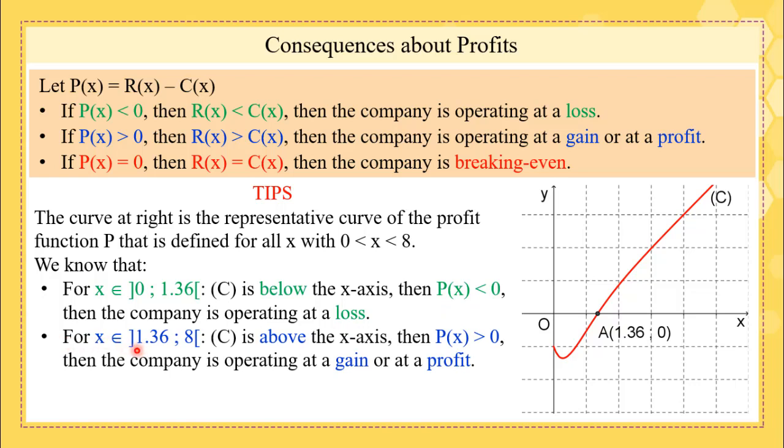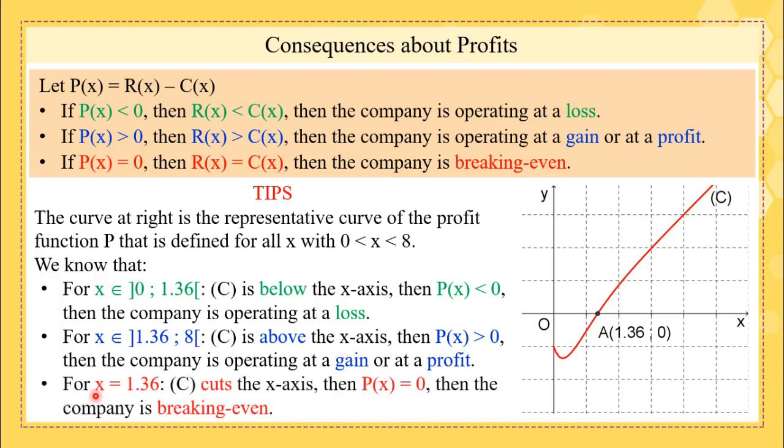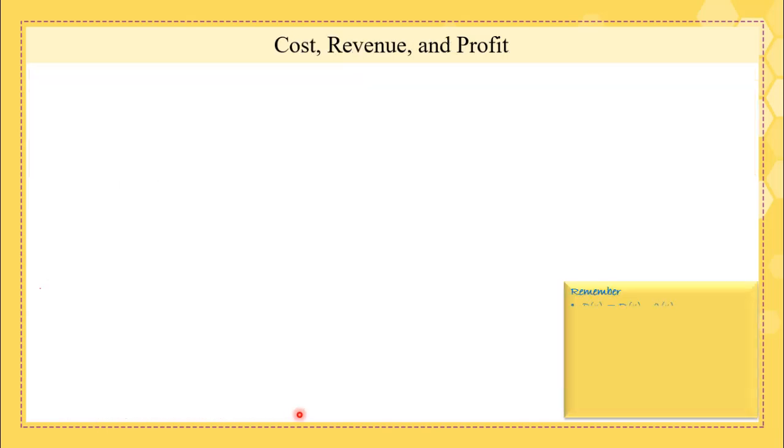For x belonging to the open interval 1.36 and 8, C is above the x-axis, then P of x greater than 0, then the company is operating at a gain or at a profit. Finally, if x equal 1.36, C cuts the x-axis at A, as is shown in the right figure, then P of x equal to 0, then the company is breaking even. These are all the rules about the profits.